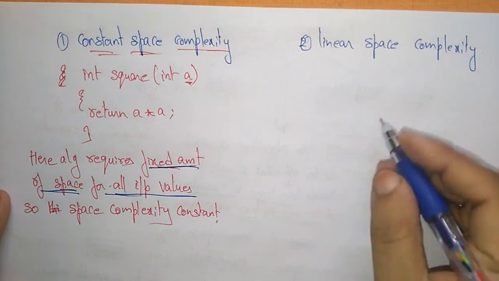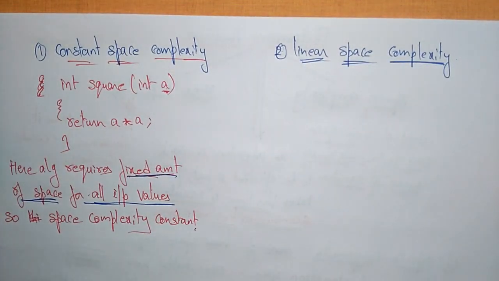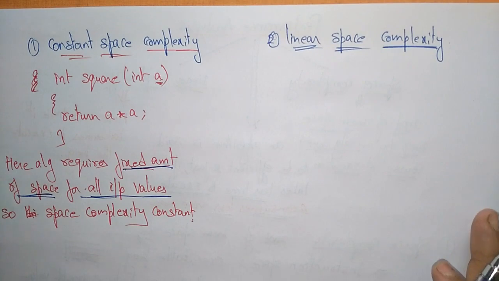Now coming to the linear space complexity. What do you call linear space complexity? The name indicates that the space will be varying.